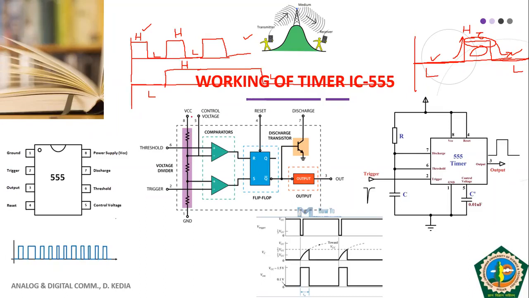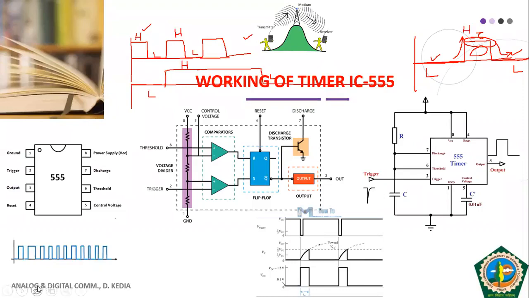Means it will not automatically switch from low to high or high to low. Fine. So in case of unstable state, it switches back after a specified duration, and in stable state, it continues remaining in its state till we get some triggering pulse. So this is how our three multivibrators, astable, monostable, and bistable multivibrator, operate.